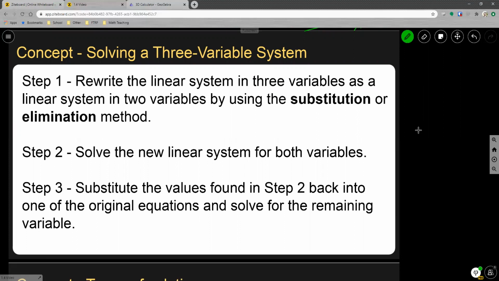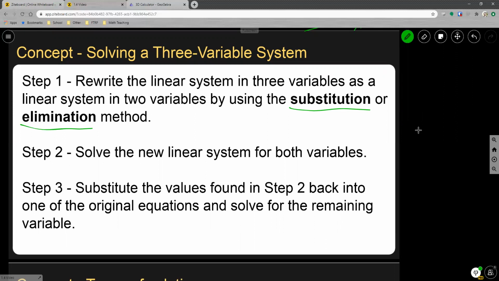So we're going to reduce the complexity of our system from three variables with three equations. We're going to work to make it into a two variable system with two equations by using the substitution or elimination methods. And we'll talk about those as we go forward.